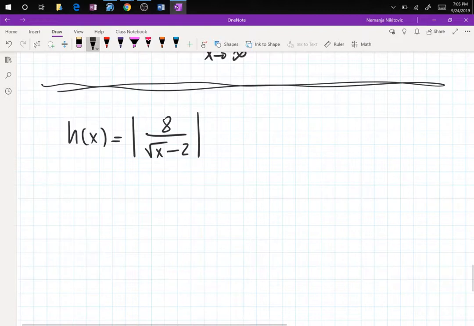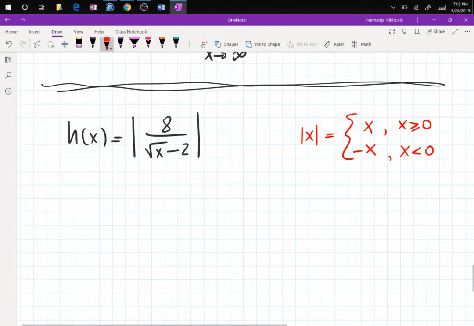Is this continuous? Well, the first order of business is to deal with the absolute value. I'm going to write the absolute value definition on the side, and then we have to apply that definition to this problem. So the absolute value of x is defined as positive x for all x's larger than 0, and defined as negative x for all x's less than 0.